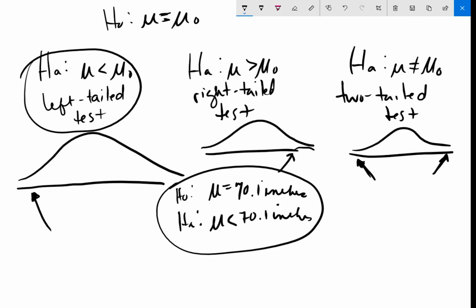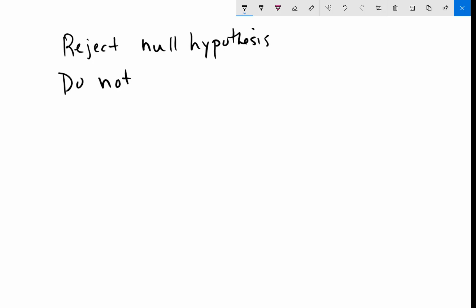So what can happen in a hypothesis test? Well, either you reject the null hypothesis or you do not reject it. We never accept it. We just do not reject the null hypothesis.